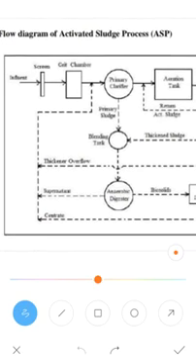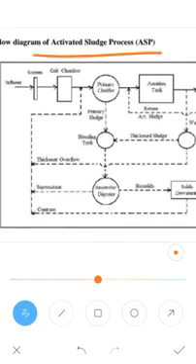I will tell you about the activated sludge process in detail, but before that I want to tell you about the general biological process in which the activated sludge process is carried out.